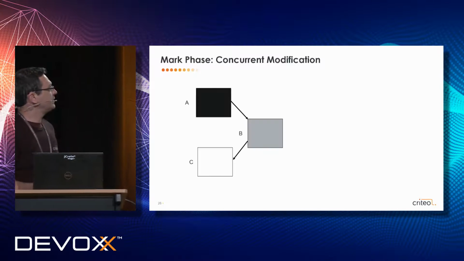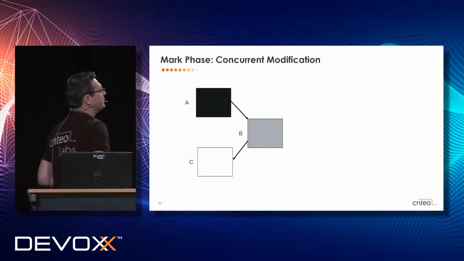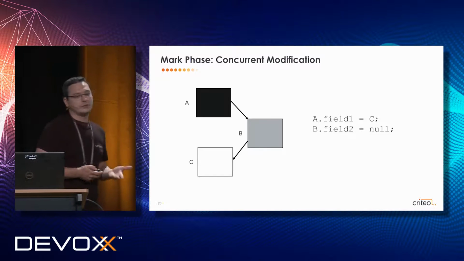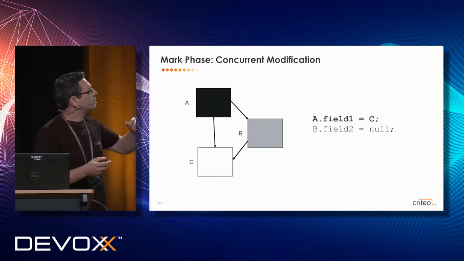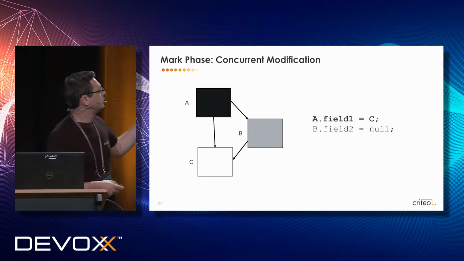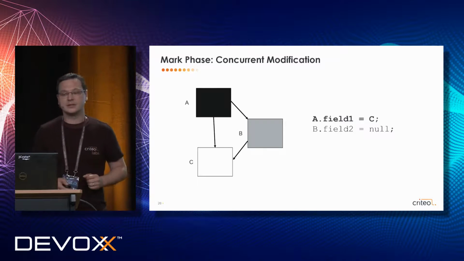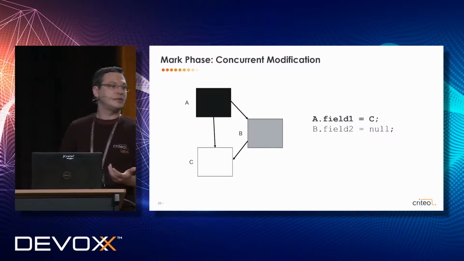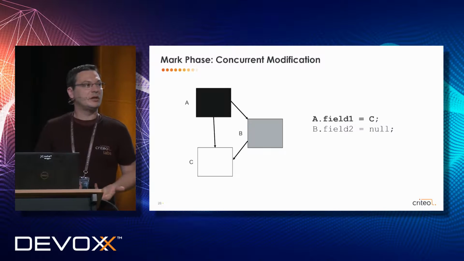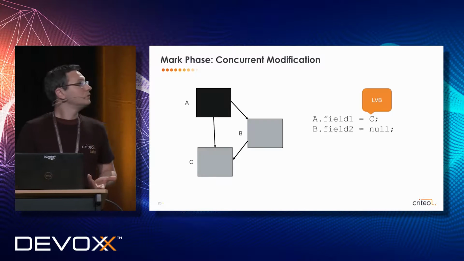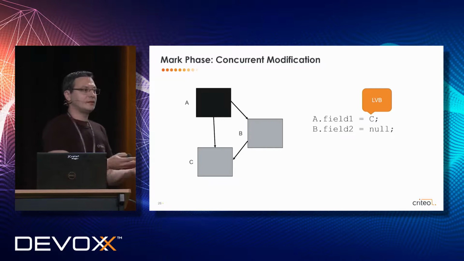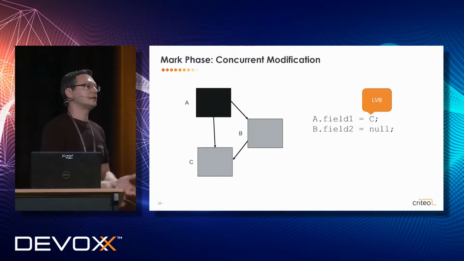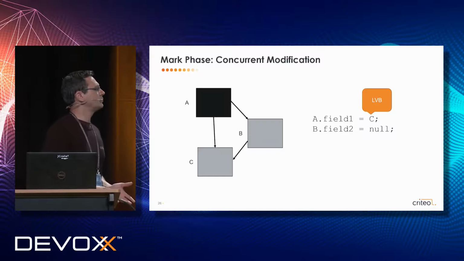With this example, with the issue that we had before, we have an application thread that tries to store a reference into the black object. As we load the C reference, we trigger the LVB. This triggering of the LVB will go to C, and C is not marked, so we will mark it by the application thread.